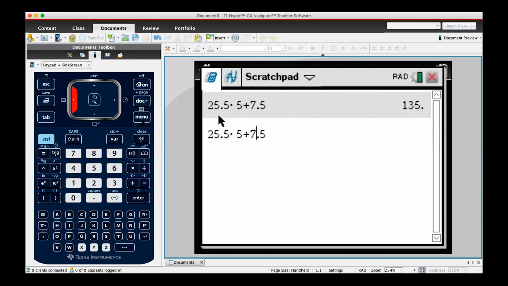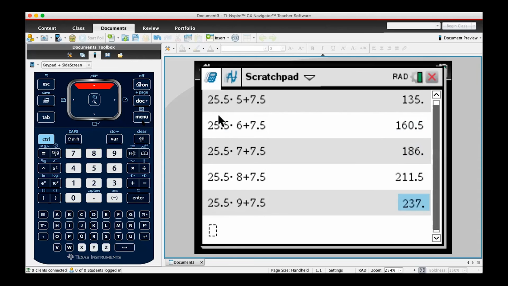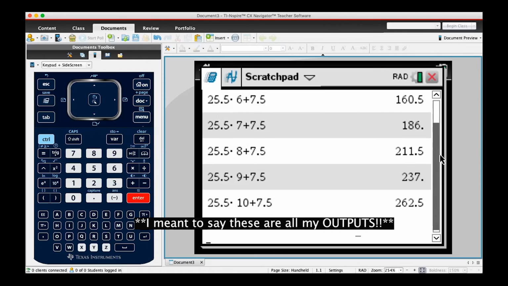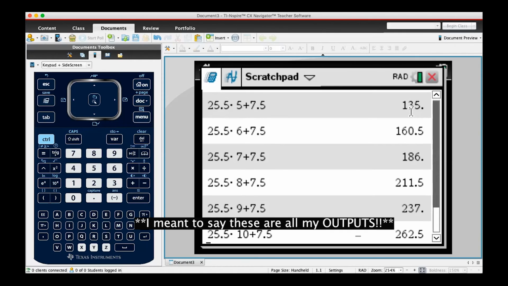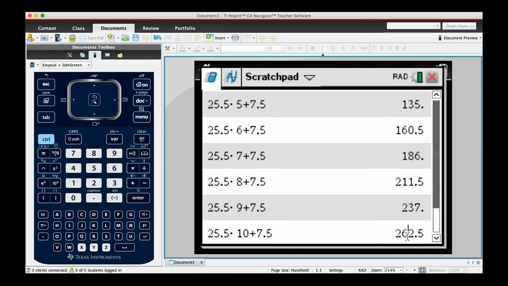I'm going to copy and paste and just change these inputs. So for 6, 7, 8, 9, and 10. So these are all my outputs: 135, 160.5, 186, 211.5, 237, and 262.5.